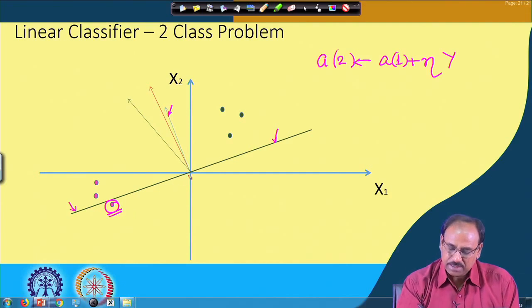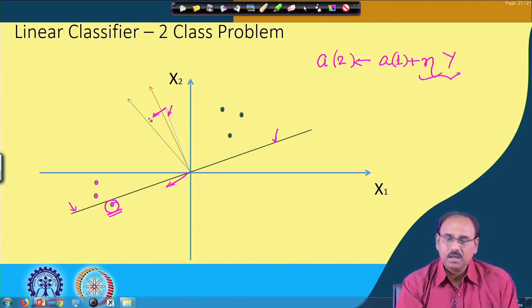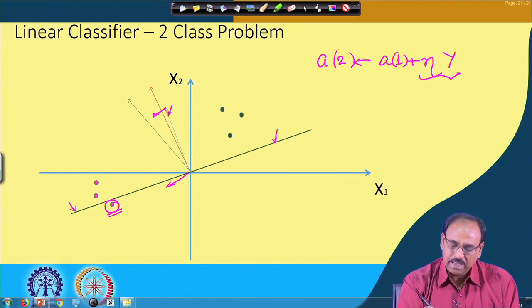And as this misclassified sample is in this direction, this solution vector, as I add eta times y to this, will also move in this direction. So, it is possible that the next solution that I obtain will be within this solution region, somewhere over here.